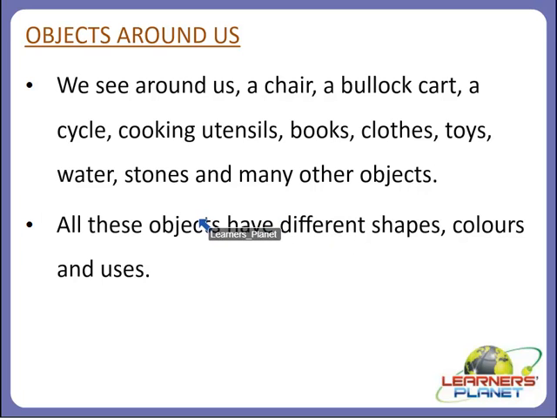So what can we conclude? Yes, all these objects have different shapes, colors, and uses. They are made up of one or more materials such as paper, glass, plastic, cloth, wood, metal, mud, soil, cotton, etc. So different materials have different properties.